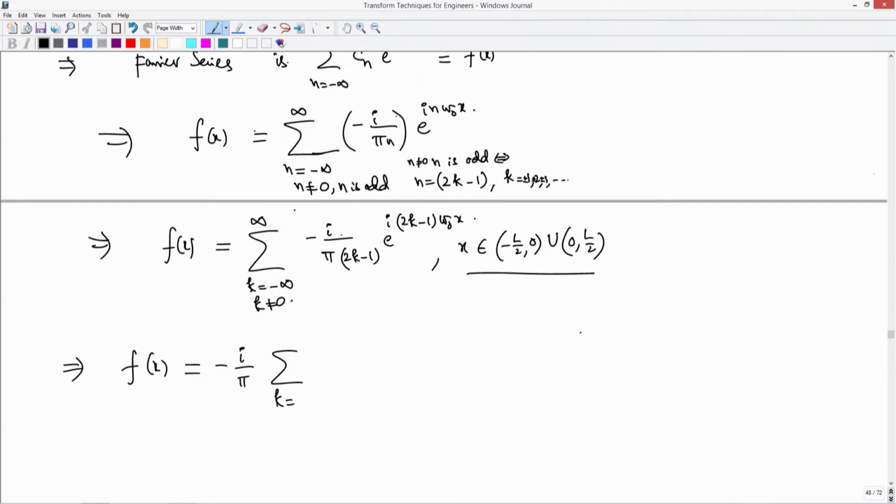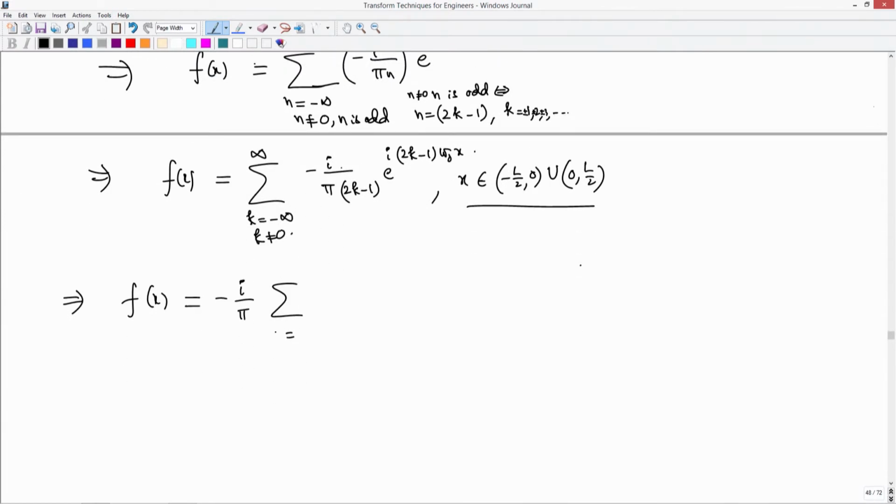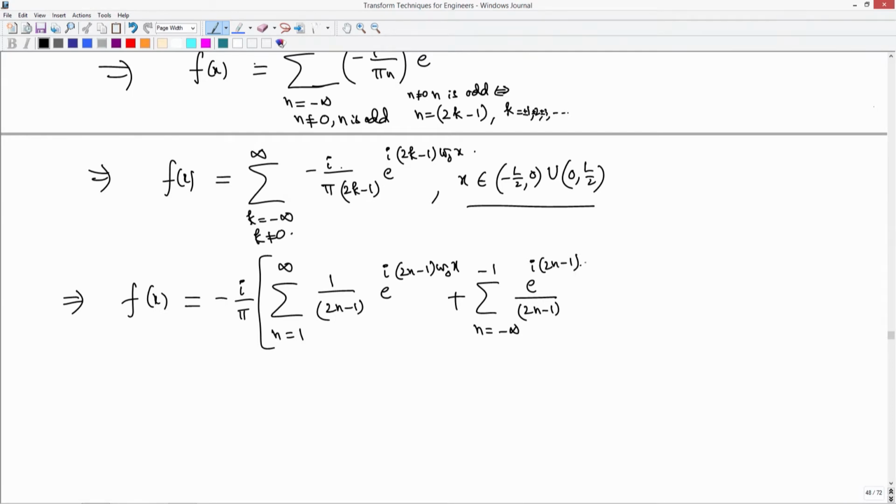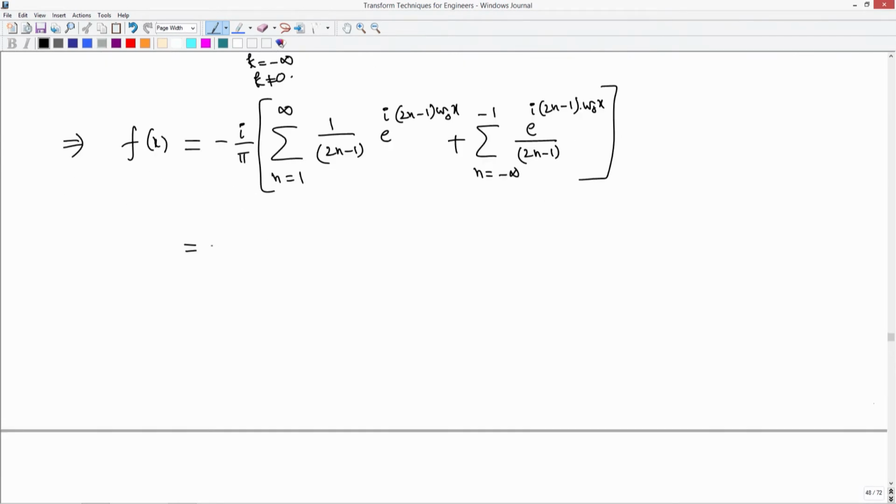Splitting it into two parts, n from 1 to infinity, we get 1 by (2n minus 1) e to the power i(2n minus 1) omega naught x, plus n from minus infinity to minus 1, again 1 by (2n minus 1) e to the power i(2n minus 1) omega naught x. I just split it into two parts.